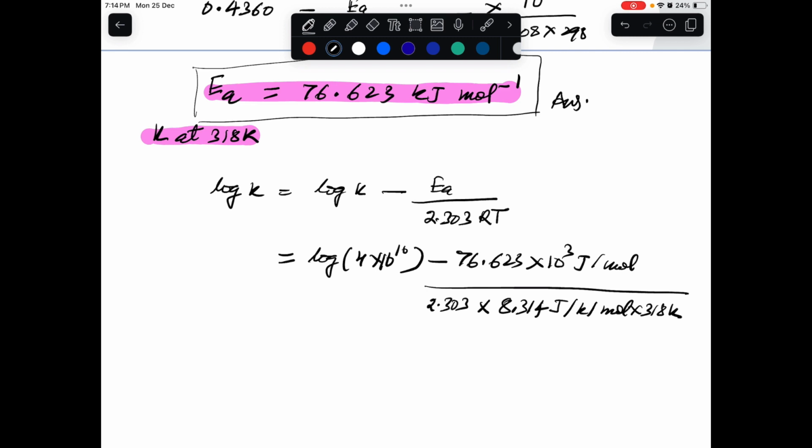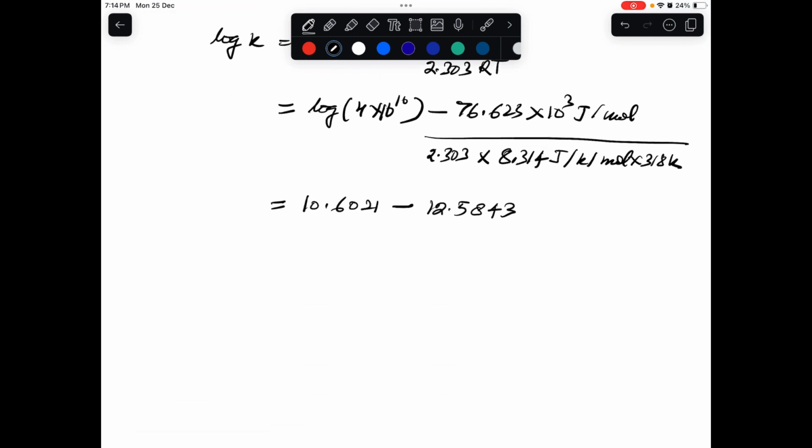So we are getting the value of the first term as 10.6021 minus 12.5843, and log K has the value minus 1.9822. Now this value is negative and we have to take the anti-log, so K is equal to anti-log of minus 1.9822.